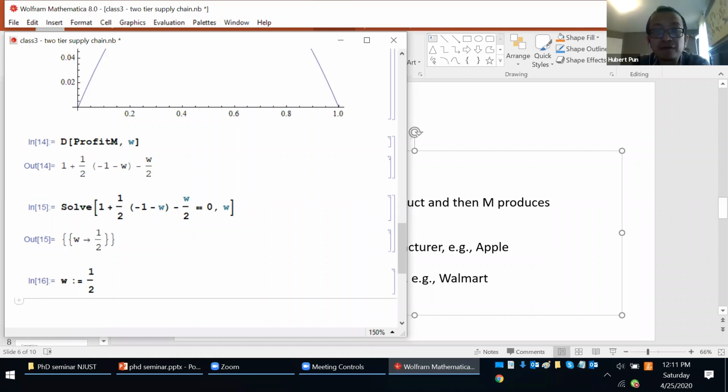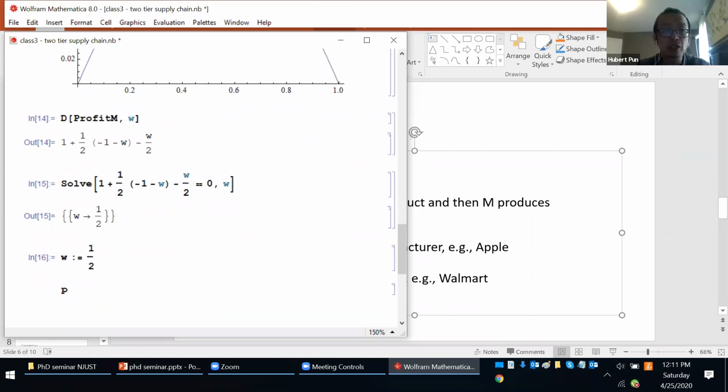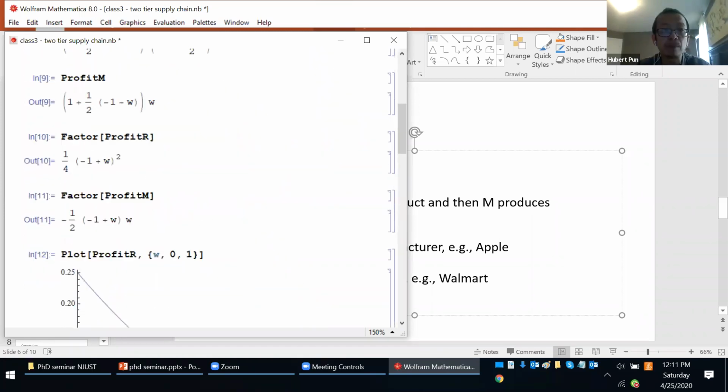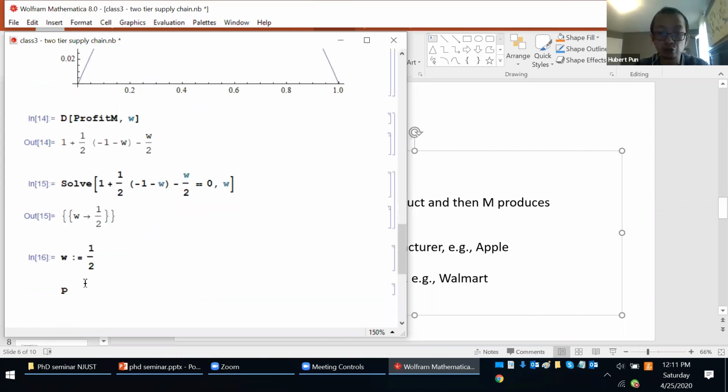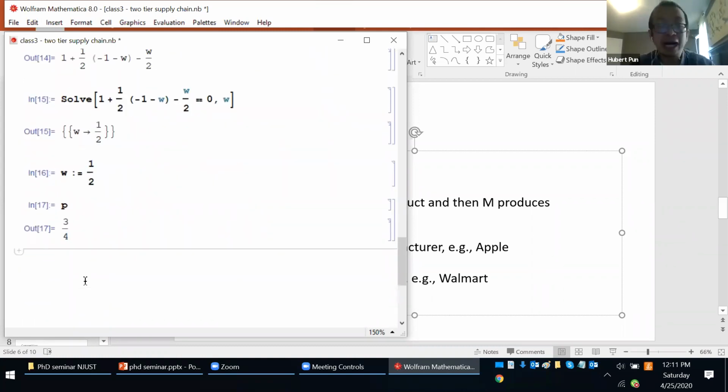Let's check P. Earlier, we have already computed P equals (1 plus W) divided by 2. Then all we have to do right now is shift enter, and we find out that the price is 3/4. It means that when the manufacturer charges a wholesale price of 1/2, then the retailer will charge the price 3/4.